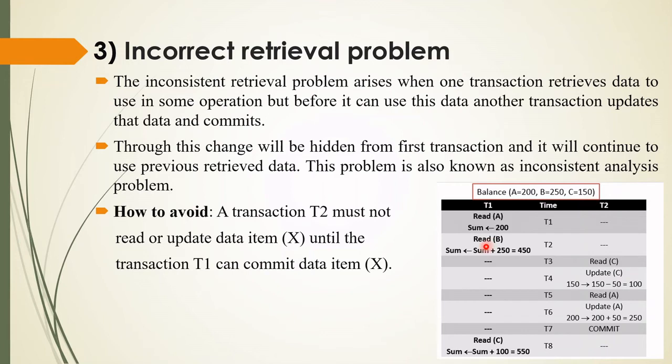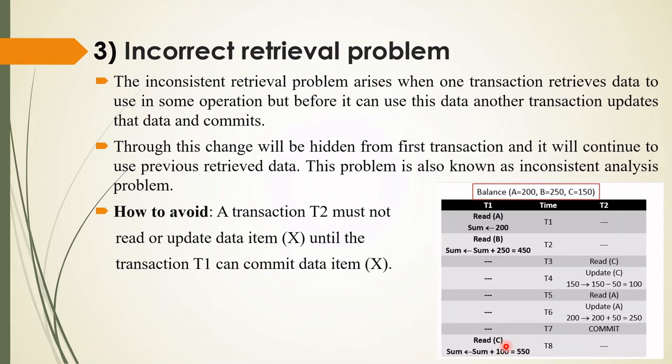Transaction T1 is doing the sum of all the balances, while transaction T2 is transferring an amount of 50 from account C to account A. So accounts C and A are being updated.